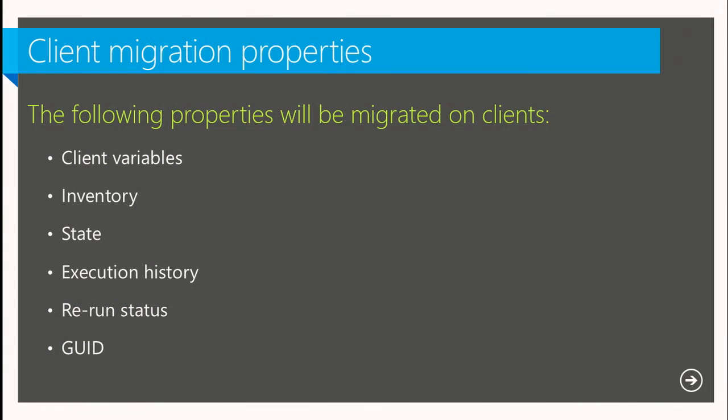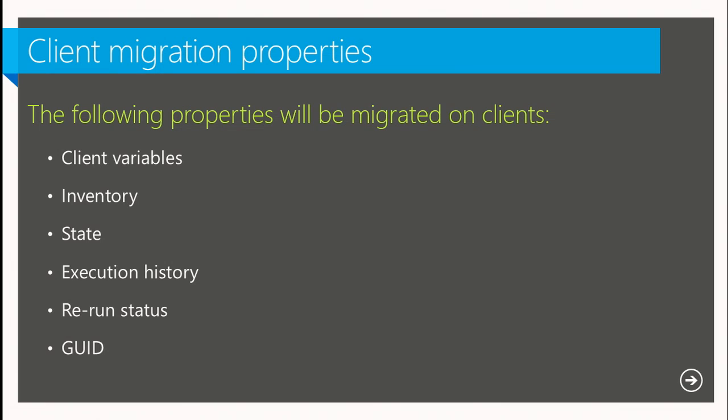The client migration process preserves a couple of pieces of information which were used by the SCCM 2007 agent, which is very useful for us. For example, it will use the same client variables which were used in SCCM 2007. It will contain the inventory which was collected by the SCCM 2007 agent.